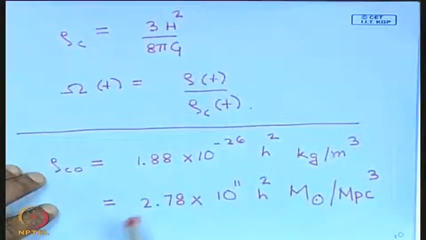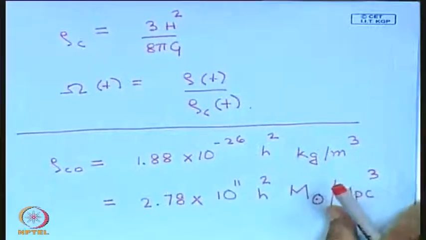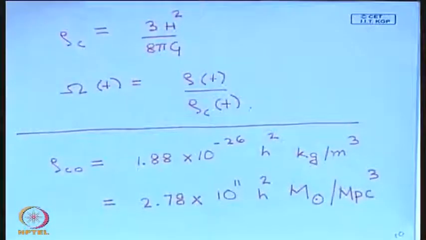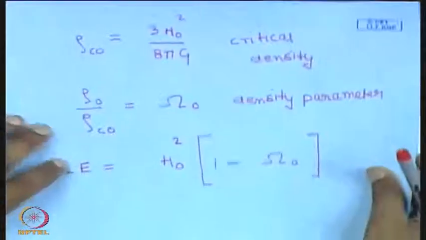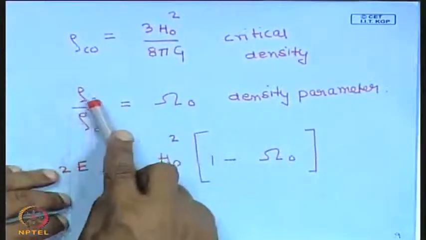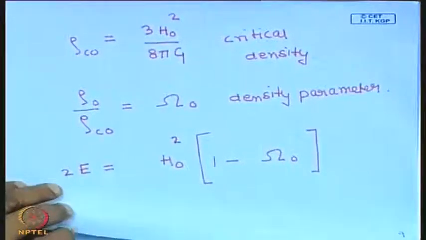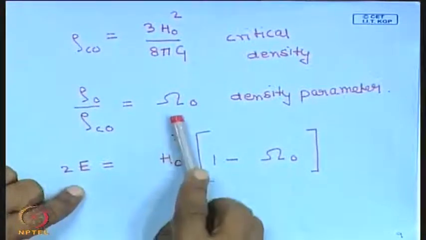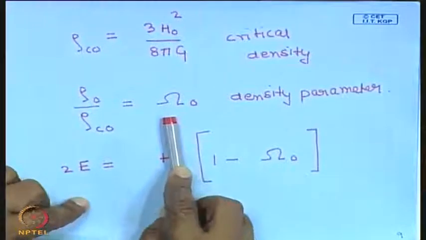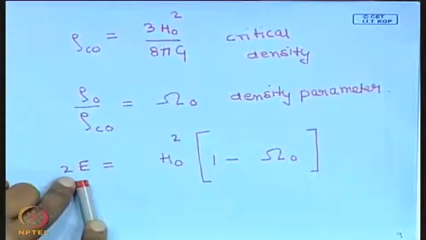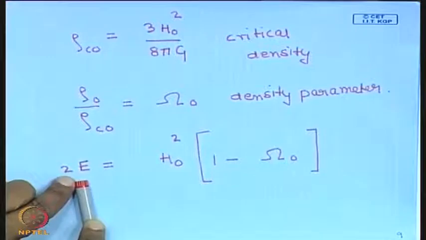The significance of this density is that if the actual density of the universe at present is more than this value, then the density parameter is more than 1 and the value of the energy is negative.